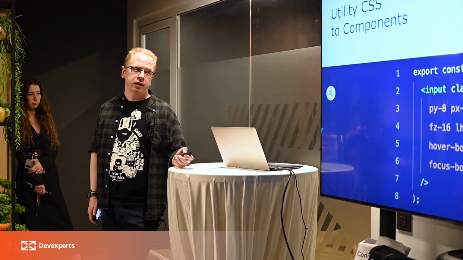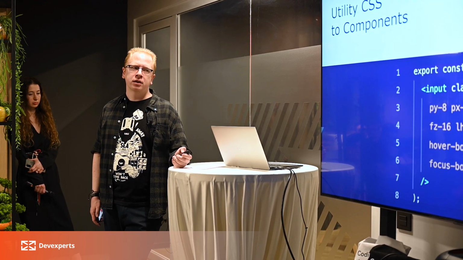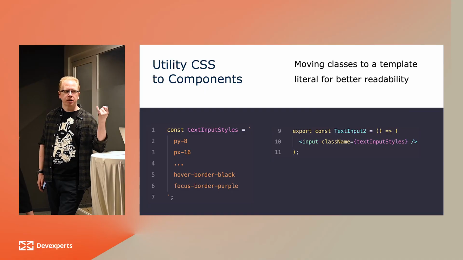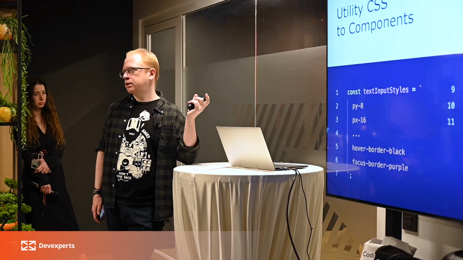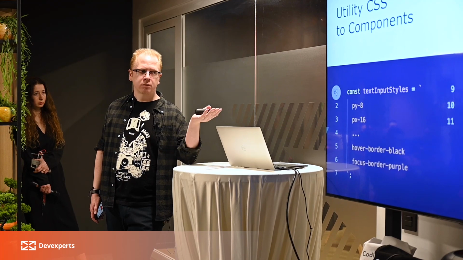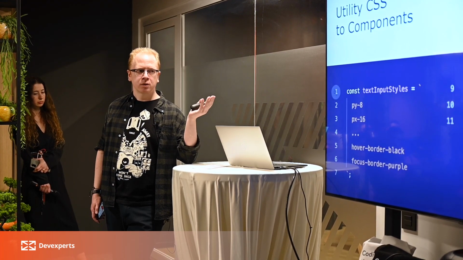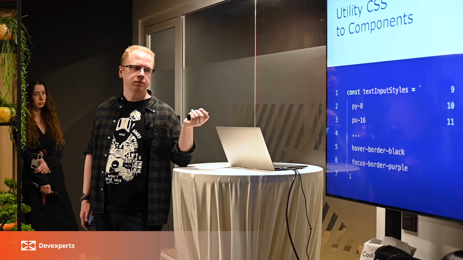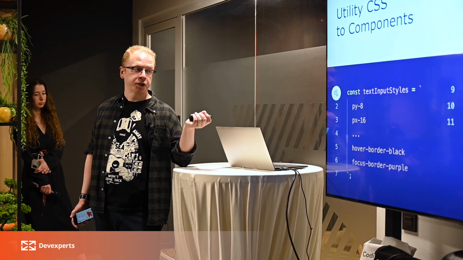And in these cases, it is a good idea to move those class calls to a separate entity. For example, move them to a template literal, so we could have a cleaner component declaration.